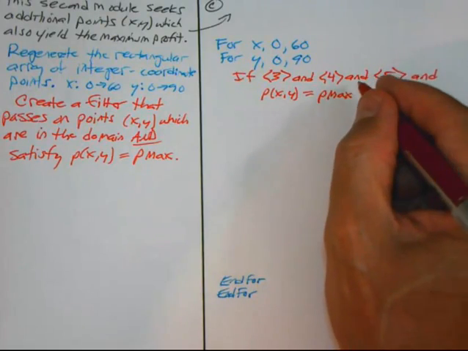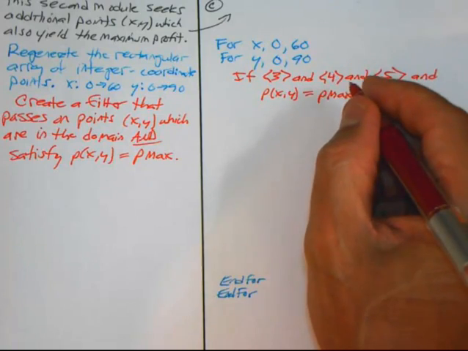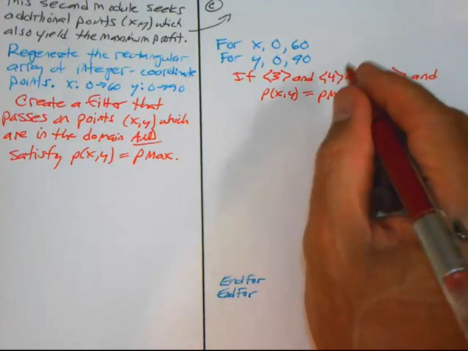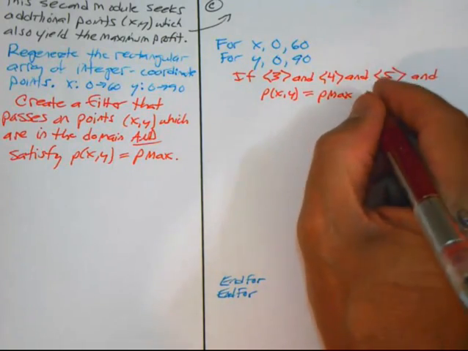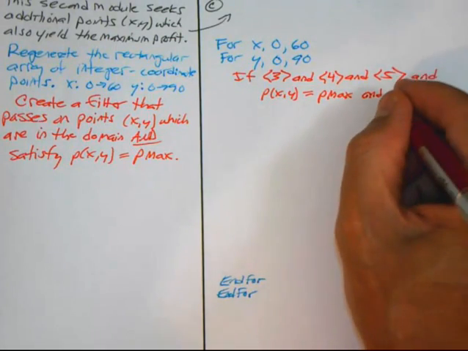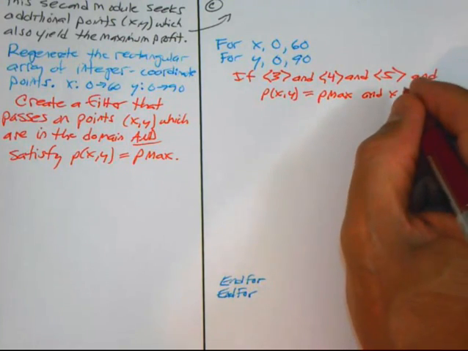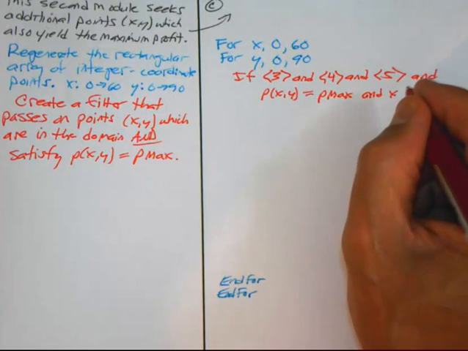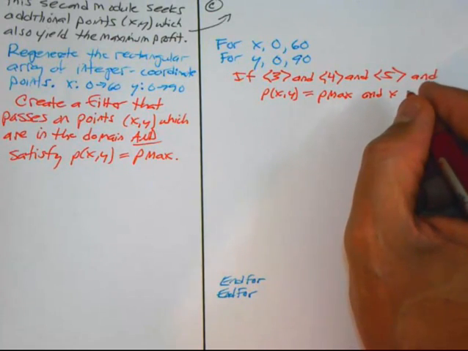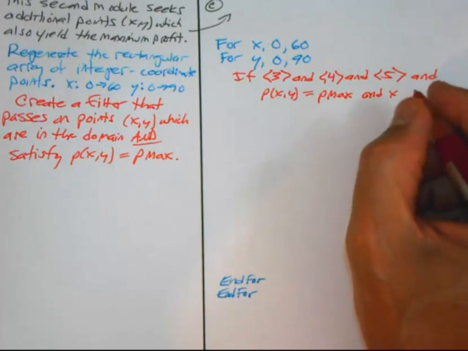Now if we just have this for the conditions, we'll actually end up relocating the very same original point that we already have. So let's also exclude that, and we can do that by saying and x. Okay, to make sure it's not the same point, we need two things. The x-coordinate cannot equal the x max, or the y cannot equal the y max.